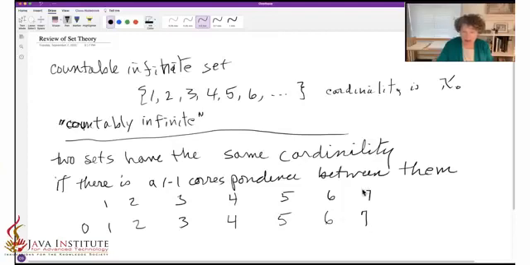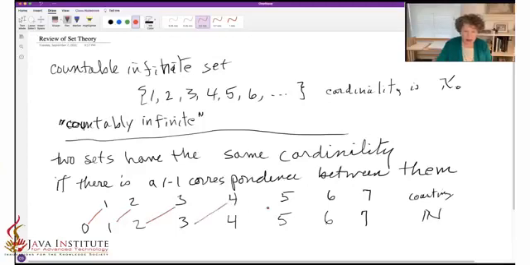Now I'm going to look at these two sets, and yesterday I called these the natural numbers and I called these the counting numbers. And I said that different people give them different names. In fact, I know another mathematician who insists on calling these the natural numbers and these the counting numbers, but that's why I'm not too concerned with what they are. And another reason I'm not too concerned with the names is because they have exactly the same cardinality.